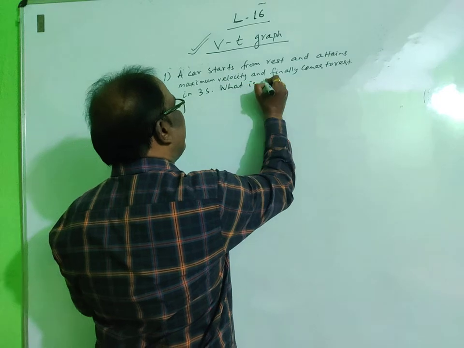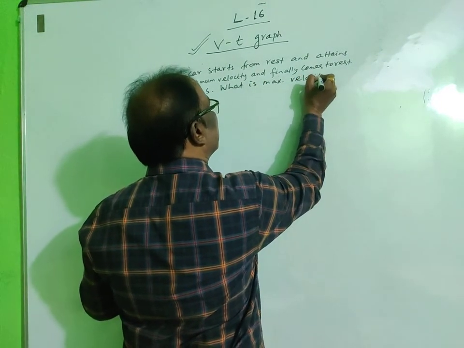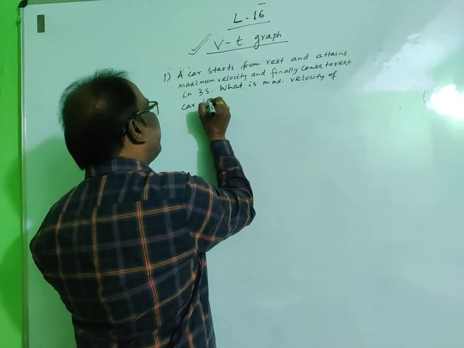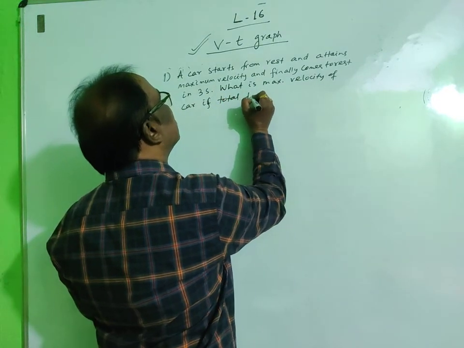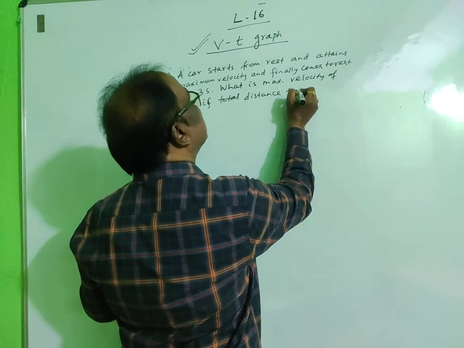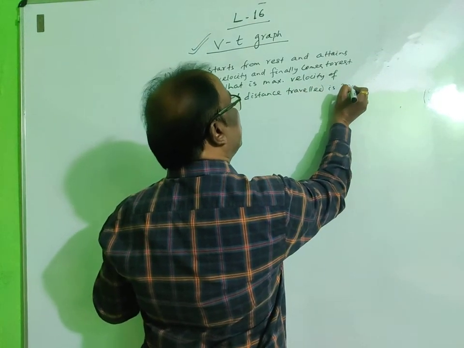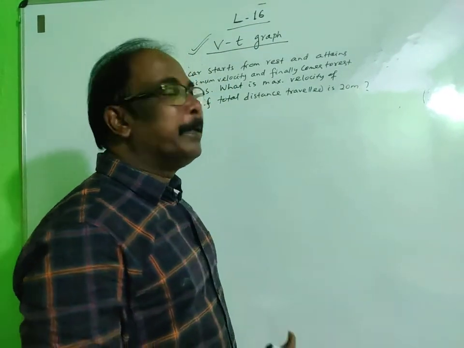What is the maximum velocity of the car if the total distance traveled is 20 meters? Okay, this is your question, a very easy and basic question.